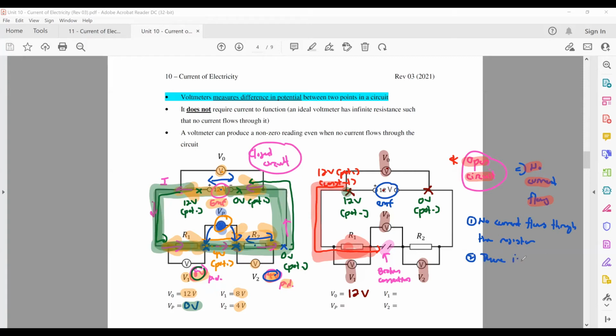There is no conversion or loss of electrical energy of the charge. Therefore, no PD. Okay, therefore, you can also say this.